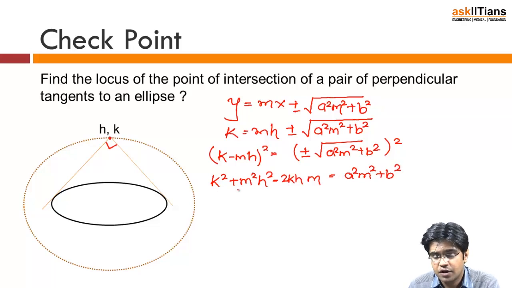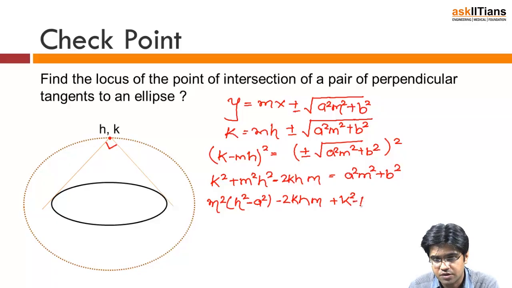If I simplify this equation by making it a quadratic in m, look how it transforms. m square times (h square minus a square) minus 2khm plus (k square minus b square) is equal to 0.